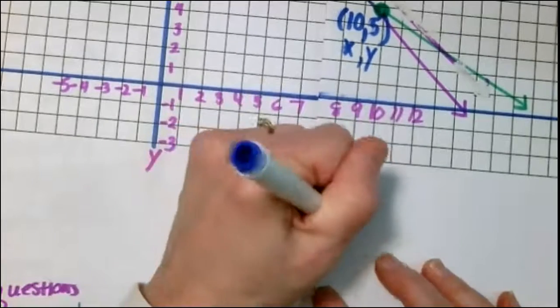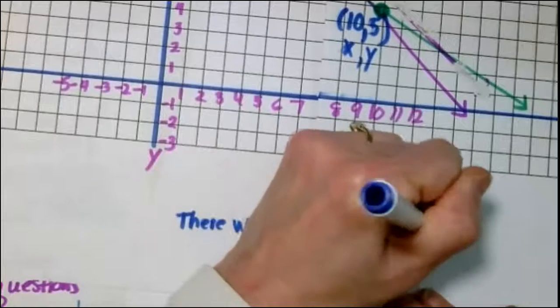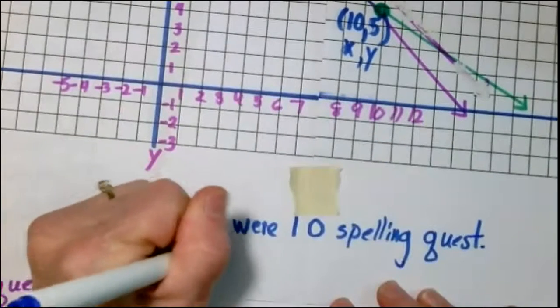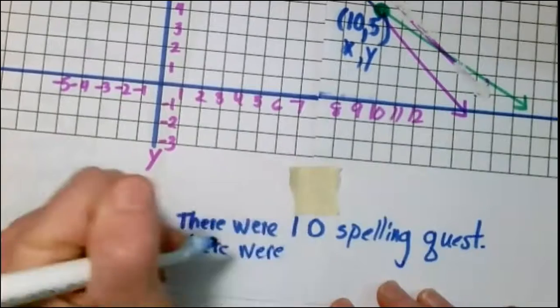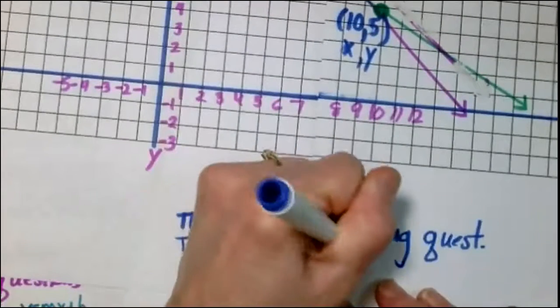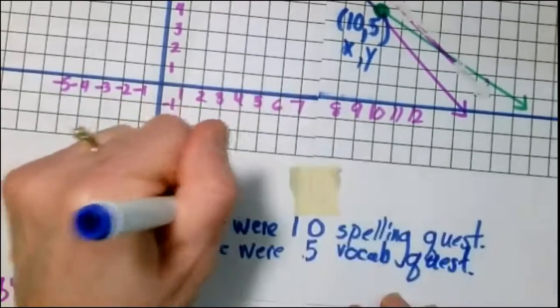Spelling questions. There were 10 spelling questions, and there were how many vocabulary? Right, 5 vocab questions, right?